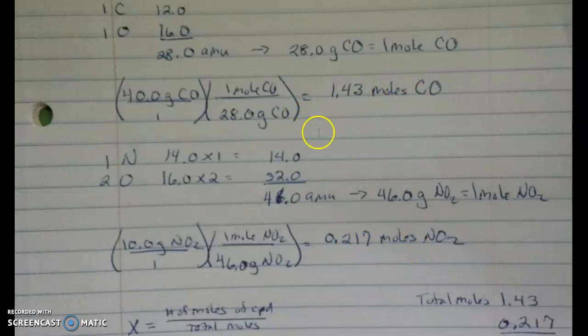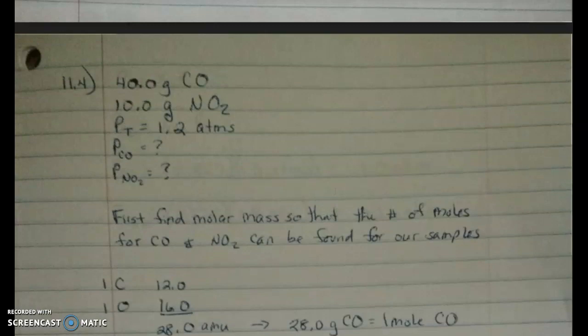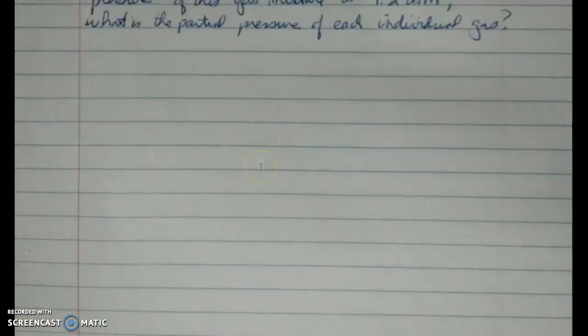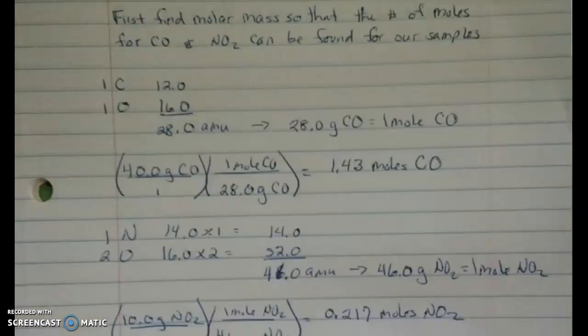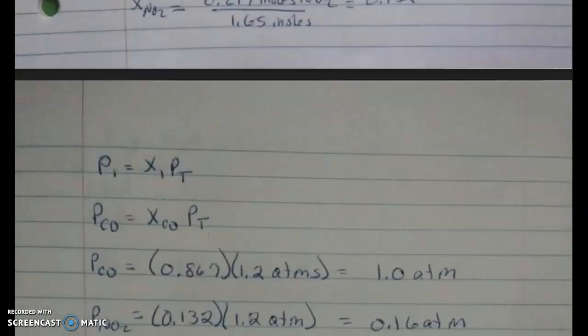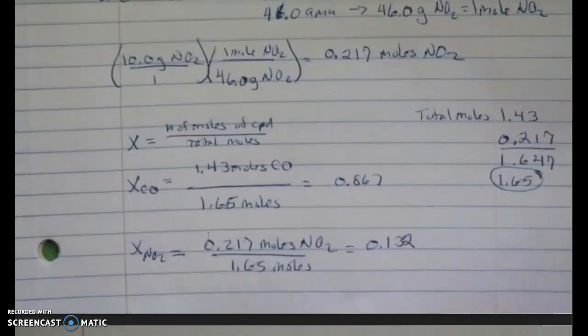Now, these are the only two gases. If we go back and look at our original problem, those are the only two gases we have: carbon monoxide and nitrogen dioxide. So if we add those two, where are we?